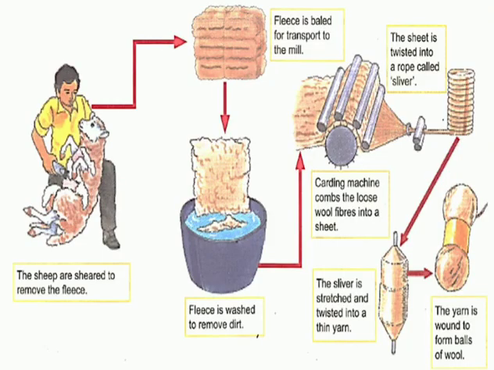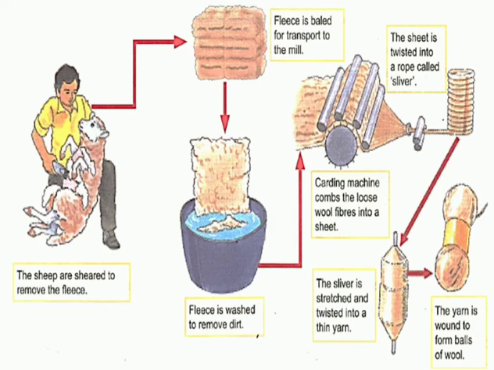Now in this image, a flow chart is given which will help you to understand the whole process. In the first step, you can see that the sheep are sheared to remove the fleece. After that, the fleece is baled for transport to the mill. Baled means to make them in bundles. The next step is the fleece is washed to remove dirt.